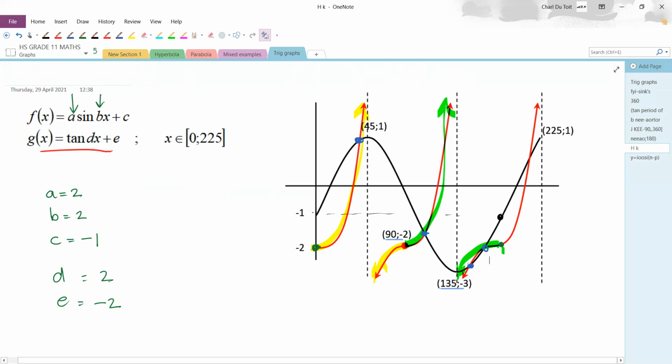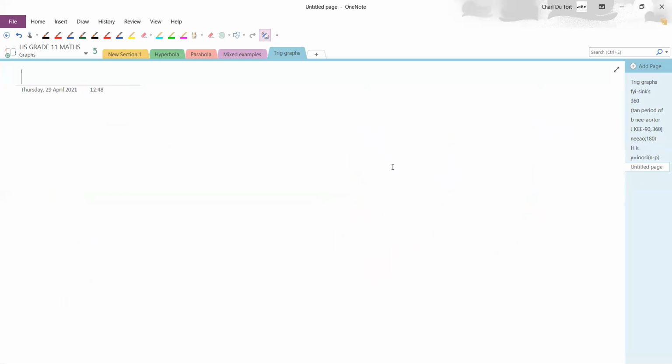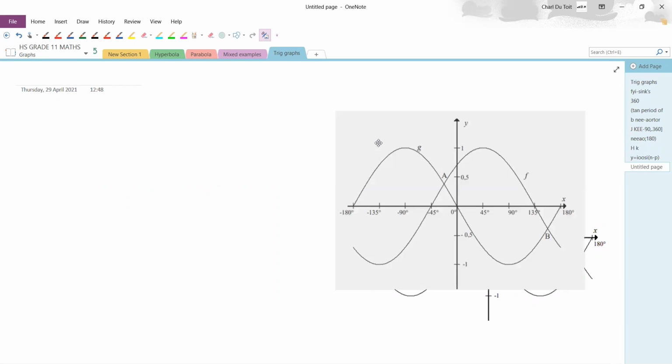Okay, let's do one more. I'll show you how to do it, just as a prelude if we have time, to what we're looking at doing this year. I'm going to repaste that. Okay, we have two graphs here.